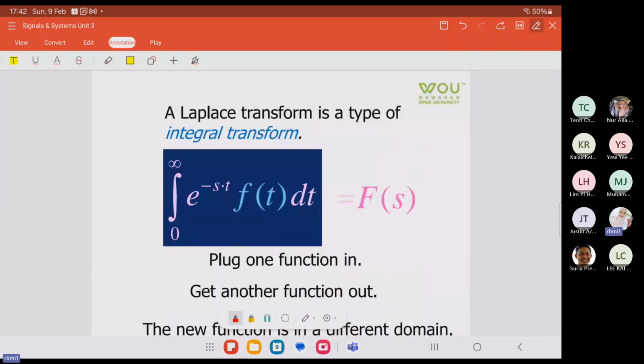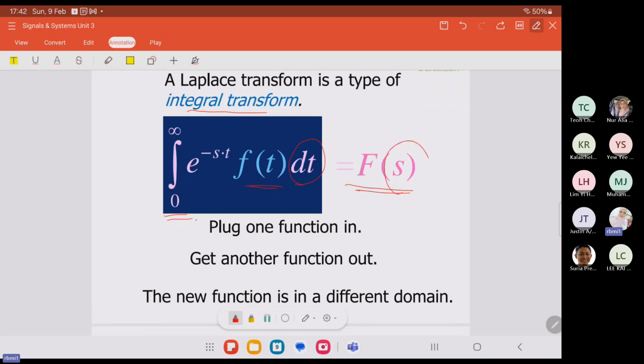As you can see here, this is the Laplace transform, a type of integral transform with respect to time. It transforms the functions in the time domain into the frequency domain, in functions of s.